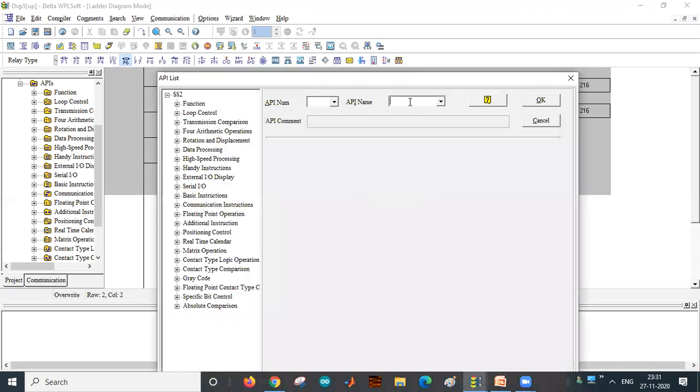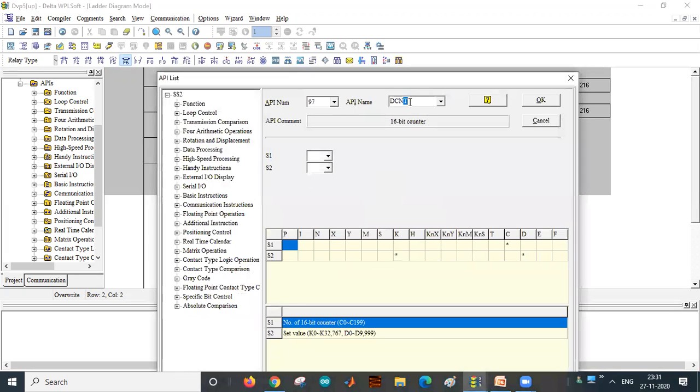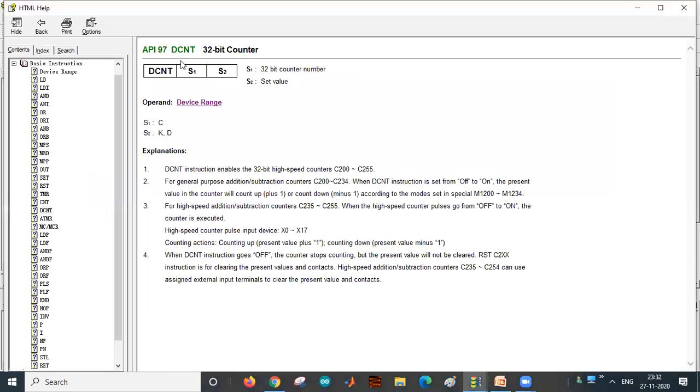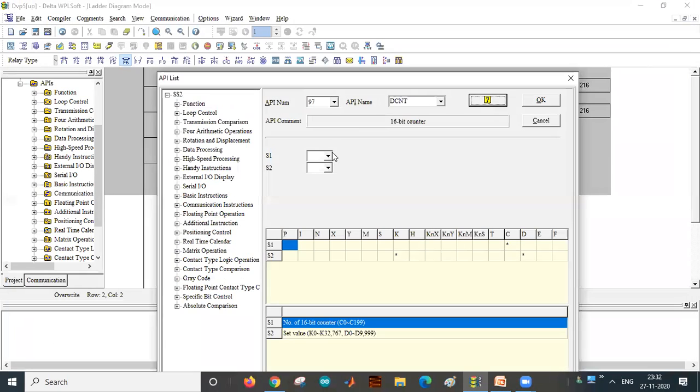Okay, so here your counter is this 32-bit counter. That counter is called a double counter, DCNT. DCNT is the 32-bit counter. The counter value you have to take here is 216. And how many?